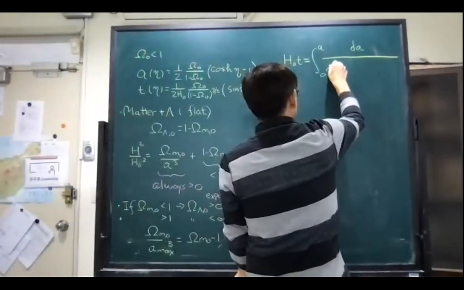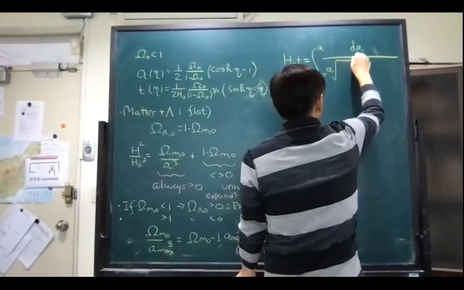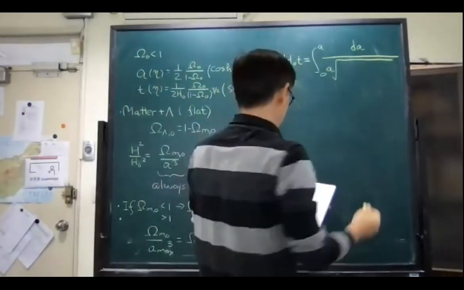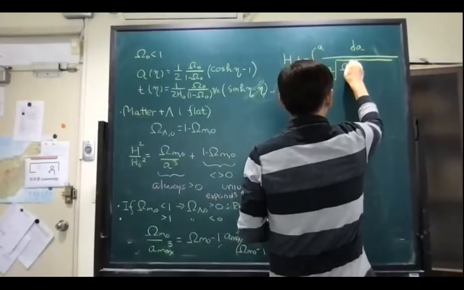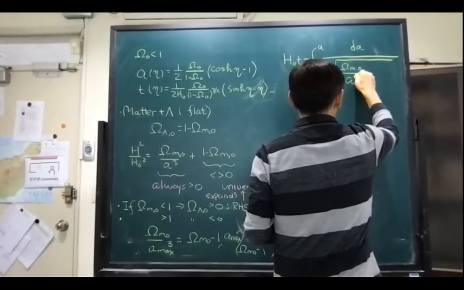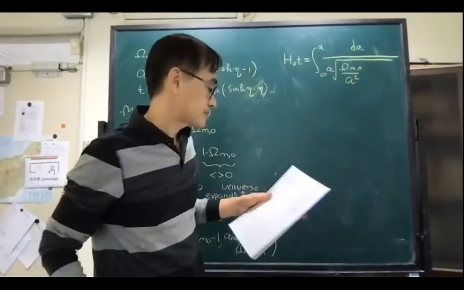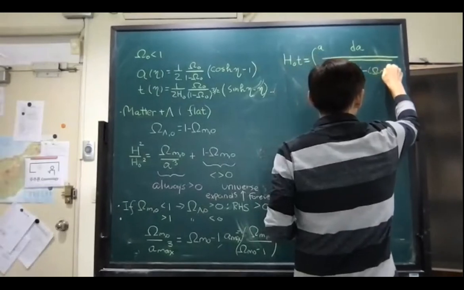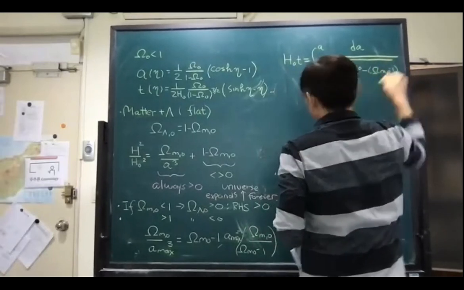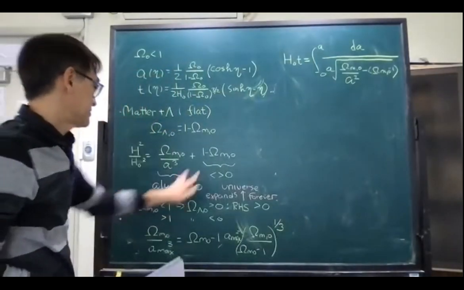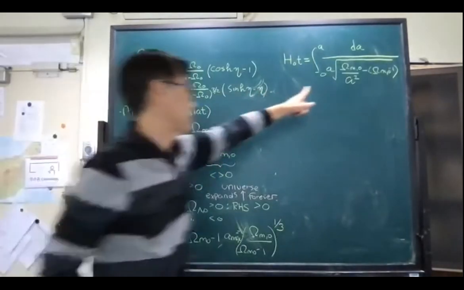Factor out a. And here you have omega m0 over a squared minus omega m0 minus 1. You simply switch and take the negative.